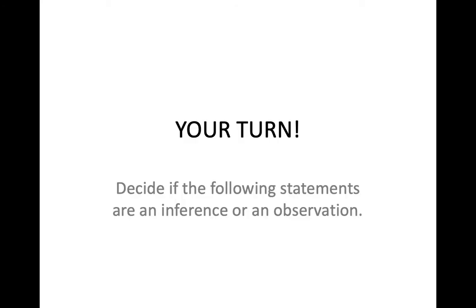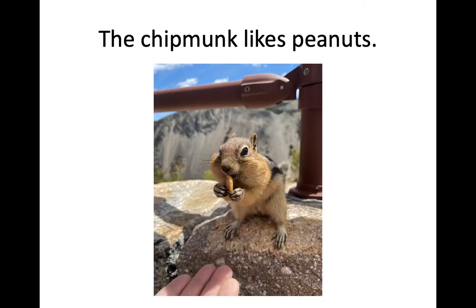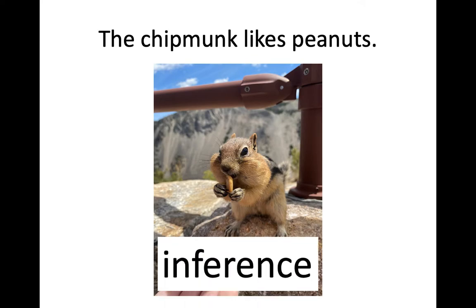Now it's your turn. I'm going to show you a few pictures and statements, and you're going to decide if I'm making an observation or if I'm making an inference. The chipmunk likes peanuts. Just by looking at this picture, can we tell that he likes peanuts? This is going to be an inference.